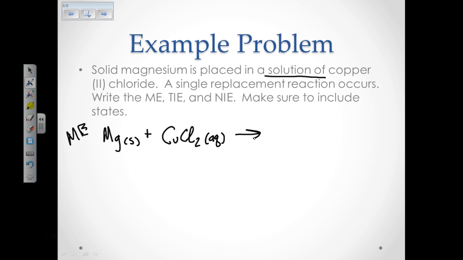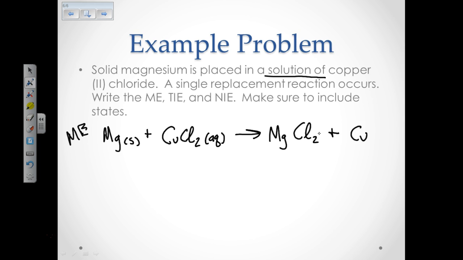Okay, and it's a single replacement reaction, so that means that the metal replaces this metal. Okay, and then so it becomes magnesium, and remember magnesium is 2 plus, chlorine is 1 minus, so we need 2 chlorides and 1 magnesium, then that's plus copper.